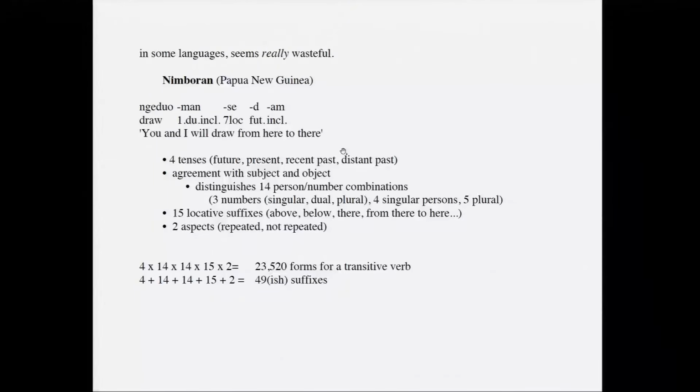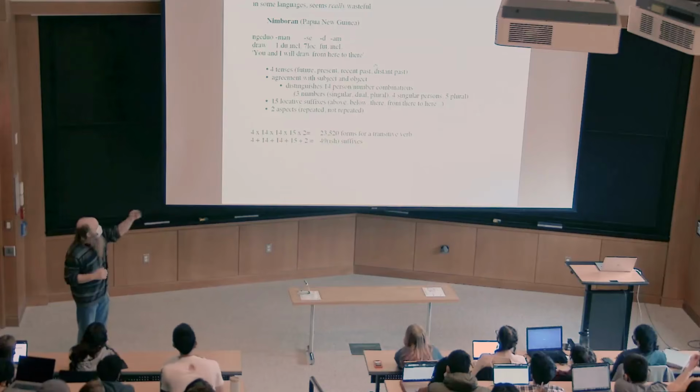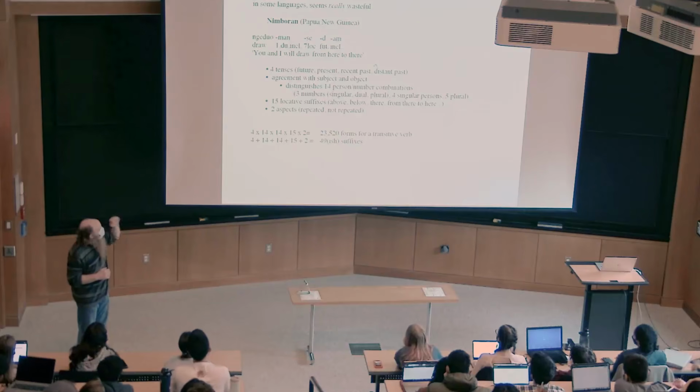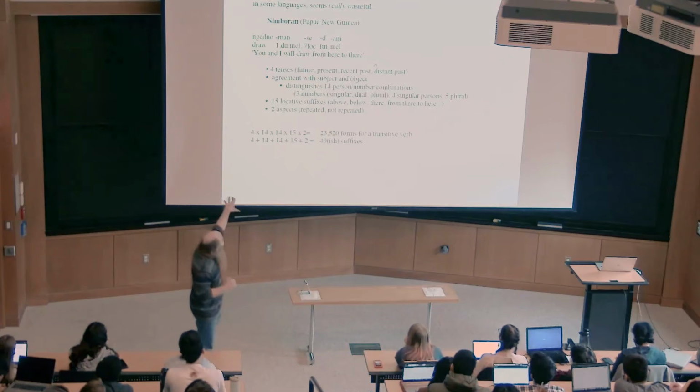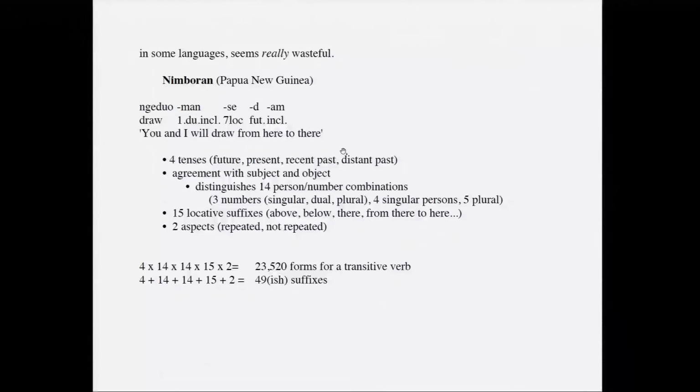So the subject could be singular or dual or plural. There are locative suffixes, there are aspects. The result is that if you have a transitive verb, it has 23,500 forms. Whereas if you are just going to list all of these suffixes, well, you need 49 of the suffixes.